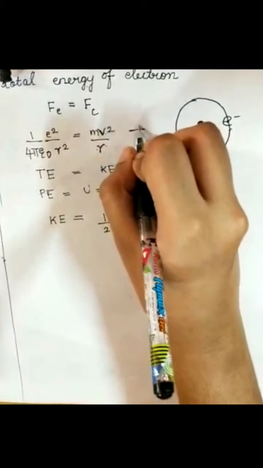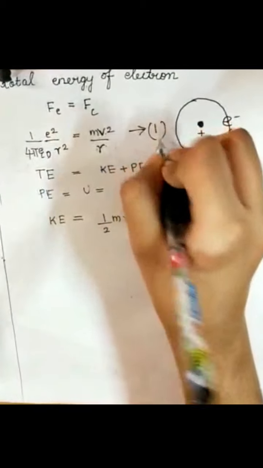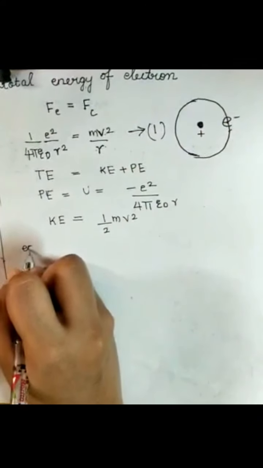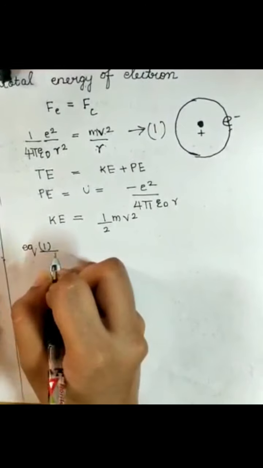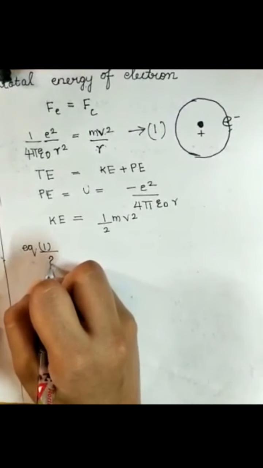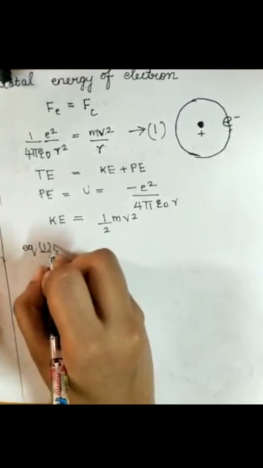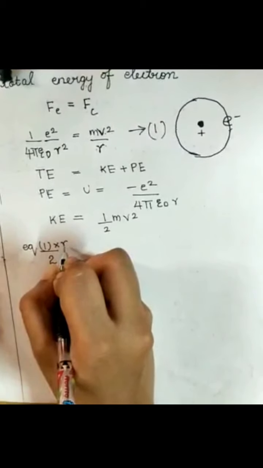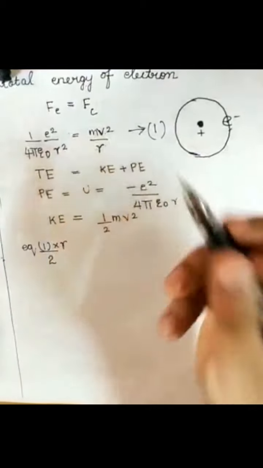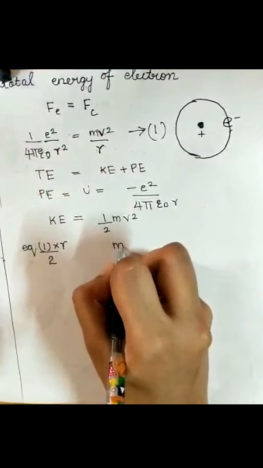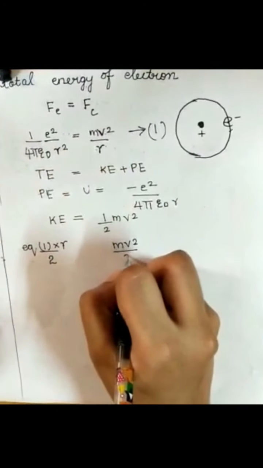So, let it be equation number 1. Equation number 1 divided by half and into r. So that r will be cancelled here and from here. So, mv square by r.